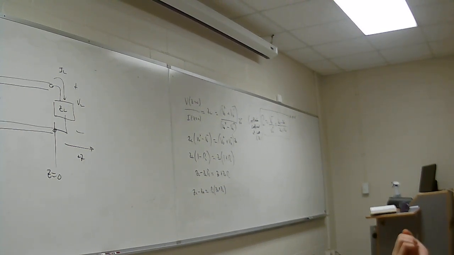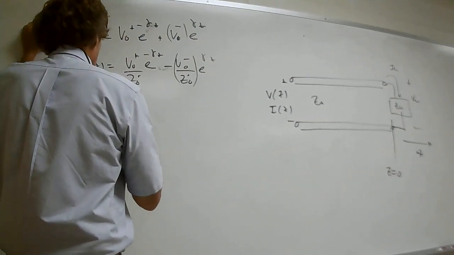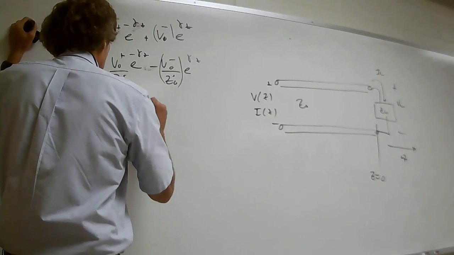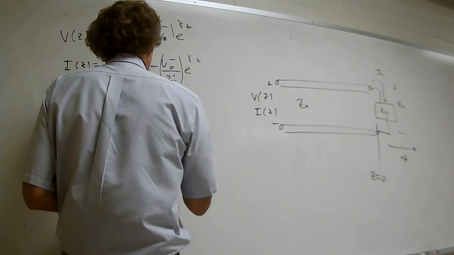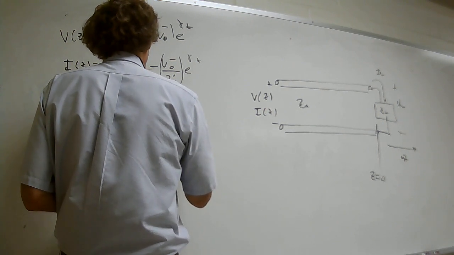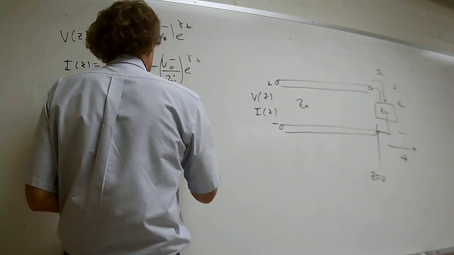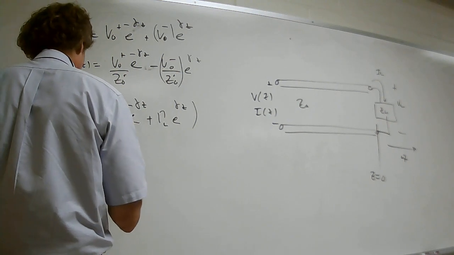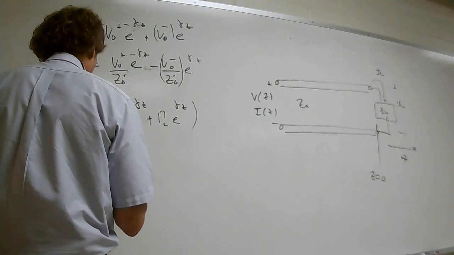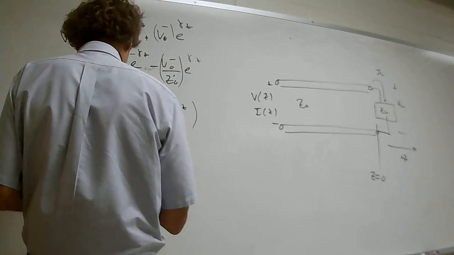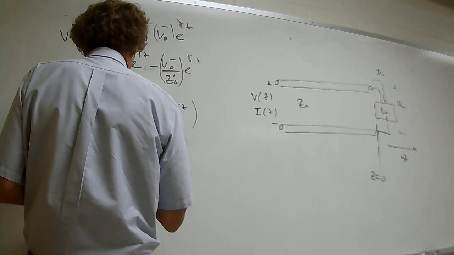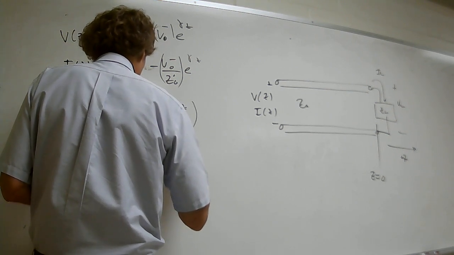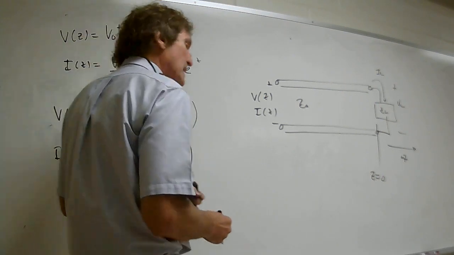V of Z can be written as, well, I can take V0 plus out in front, and it's e to the minus gamma Z plus the reflection coefficient at the load times e to the plus gamma Z. That's the first one, V of Z. And I of Z is equal to, now that's still V0 plus over Z0, and then it's going to be e to the minus gamma Z minus gamma L e to the plus gamma Z.